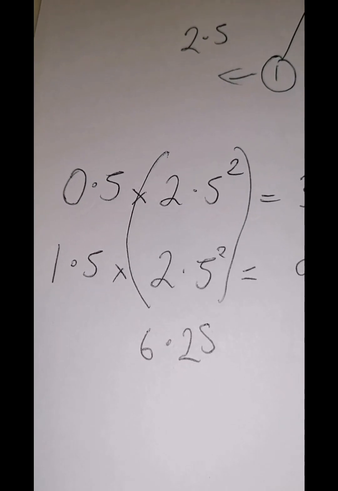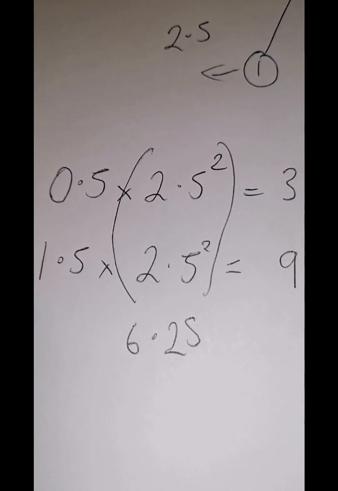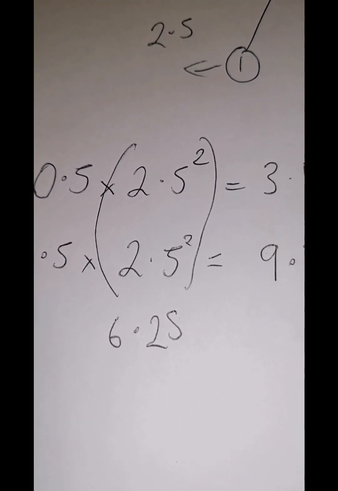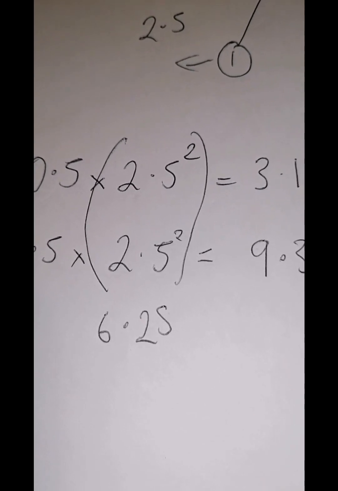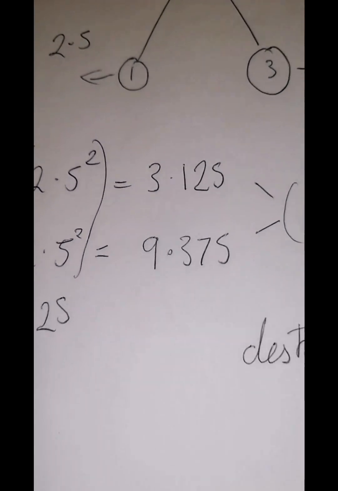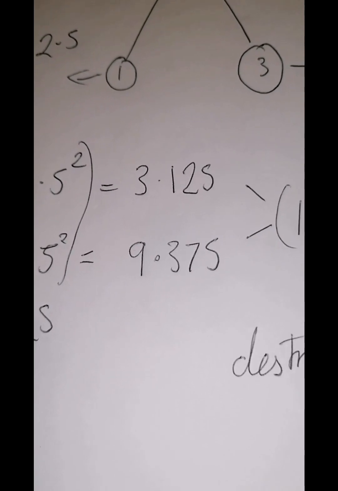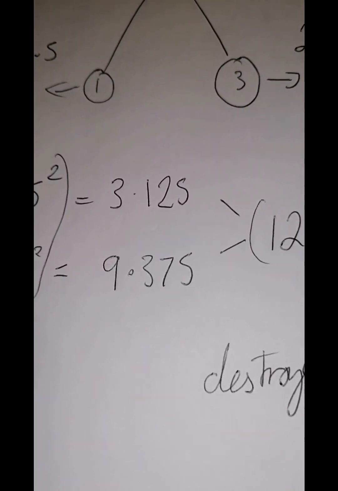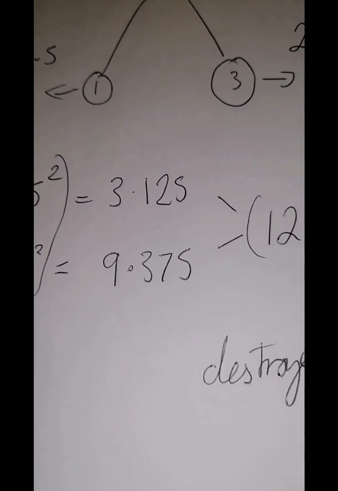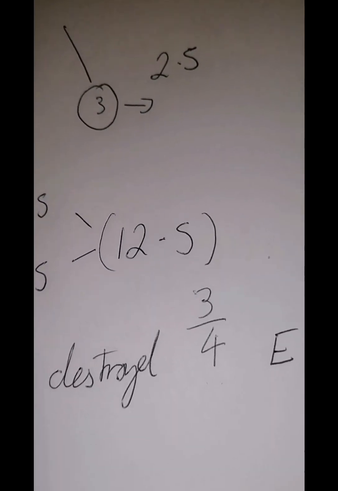For the three mass, we halve the mass, 1.5 times the velocity squared, 6.25, which equals 9.375. We add those two together because that would be the total conserved energy, and we end up with 12.5.